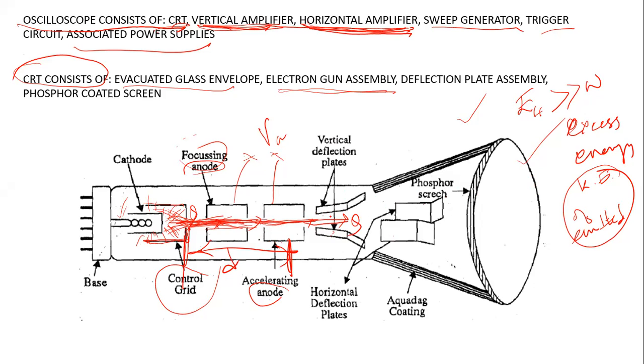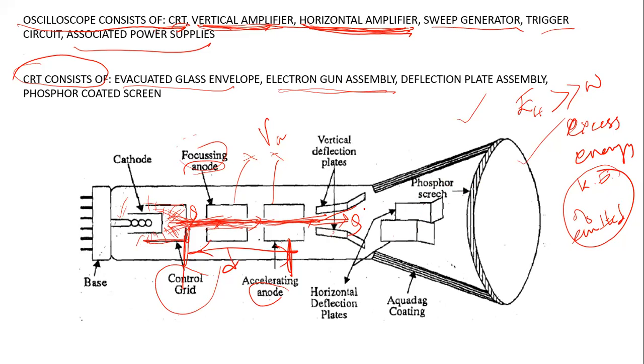Depending on the signal which is supplied to the vertical deflection plates, your cathode ray, that is your electrons which are traveling in this direction, will be deflected accordingly. And once it is deflected, it will pass through the horizontal deflection plates. And the horizontal deflection plates I will discuss in a few minutes.